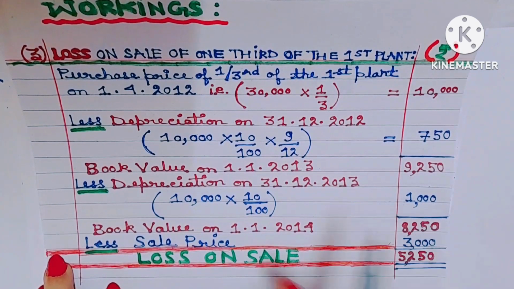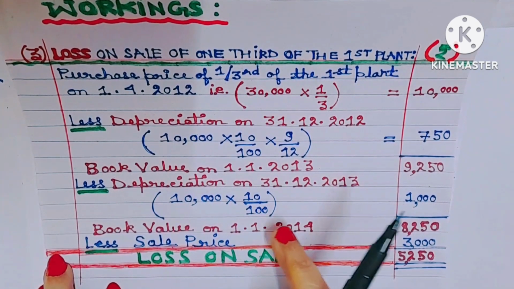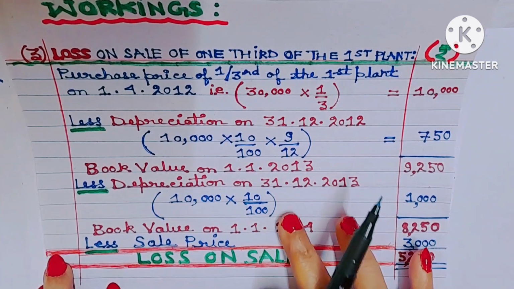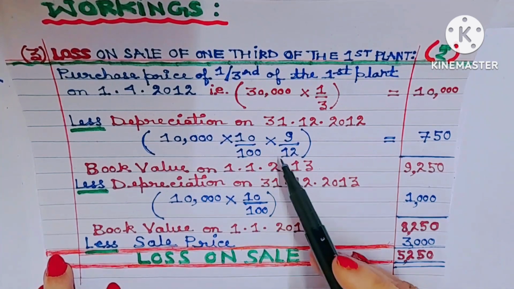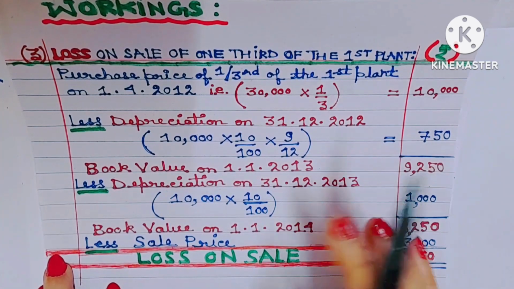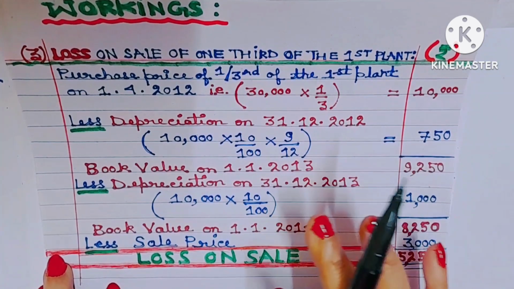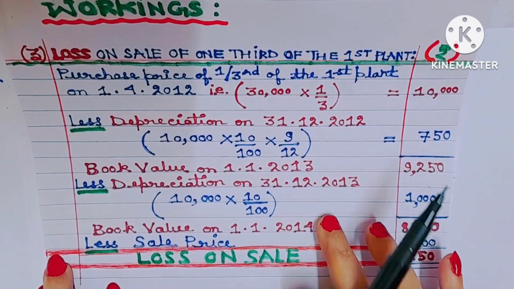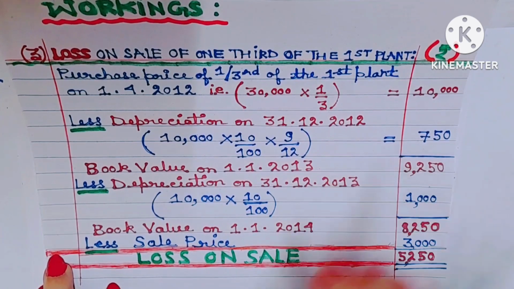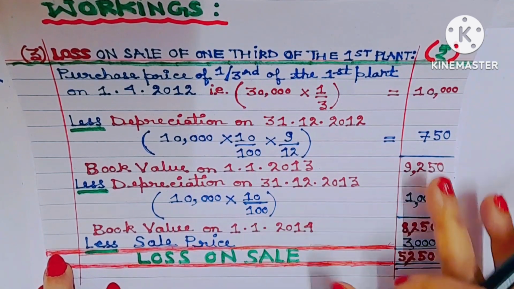So after charging depreciation for the year 2013, how much do we get? 1,000. 10,000 into 10 by 100 for 1 year. Why are we charging depreciation for the whole year? Because the plant was purchased on 1st April 2012. In 2012, the plant was in the business only for 9 months. In the year 2013, the plant was in the business for the whole year. So we are charging depreciation on 10,000 for the whole year.